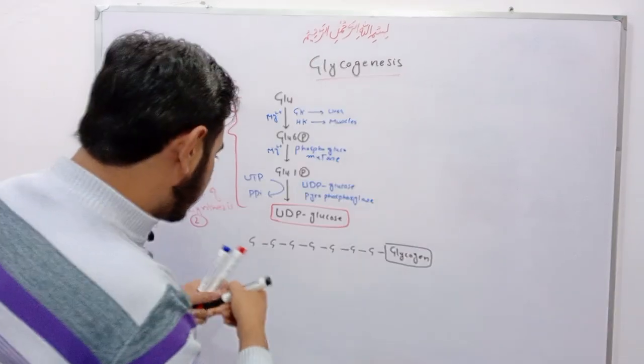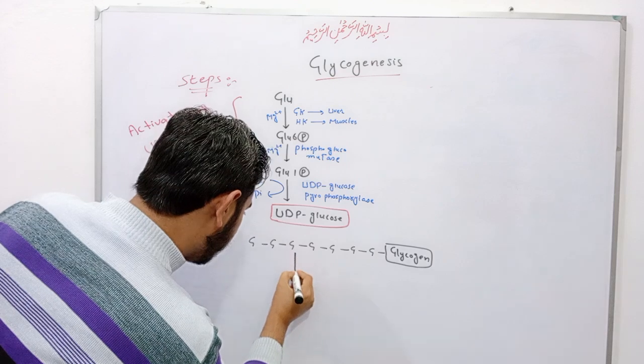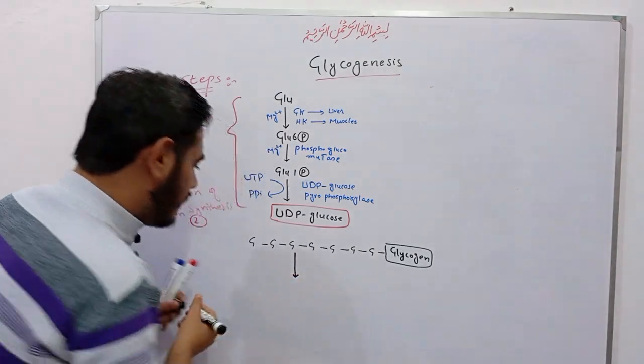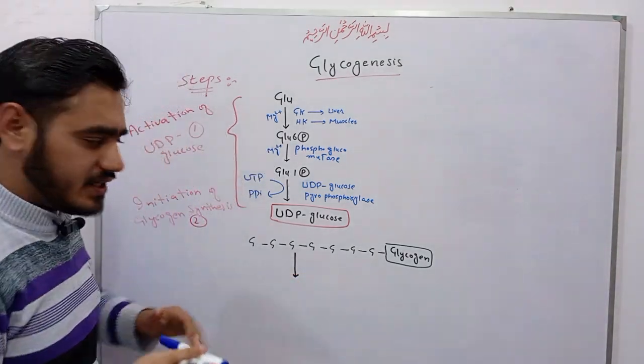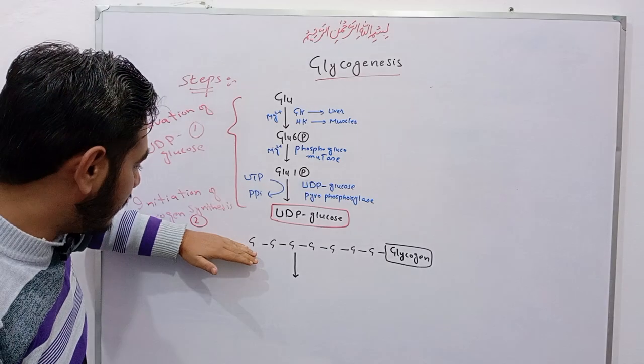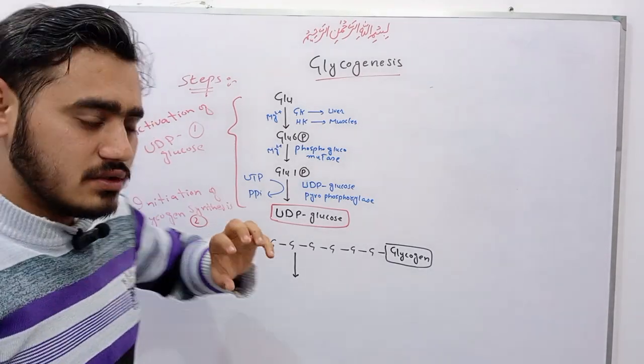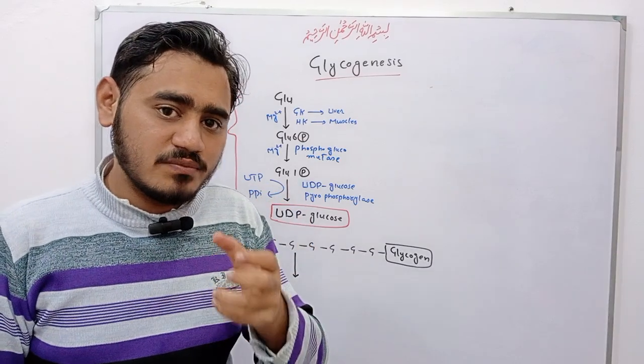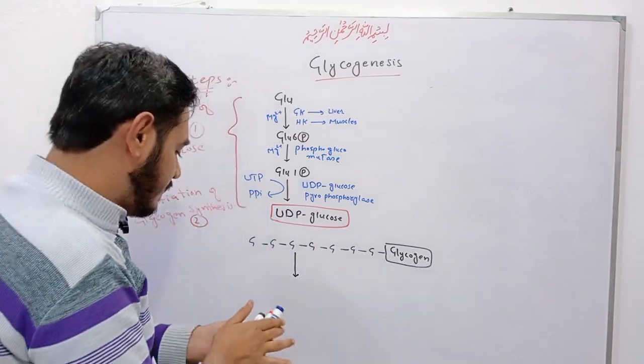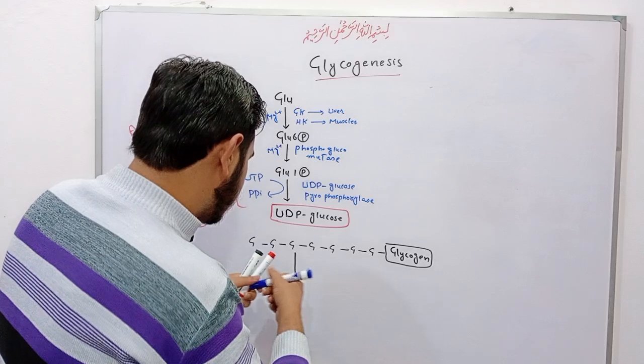Now, in the next reaction, what happens? There is a successive attachment of glucose molecules here, and the important enzyme that performs this action is glycogen synthase.